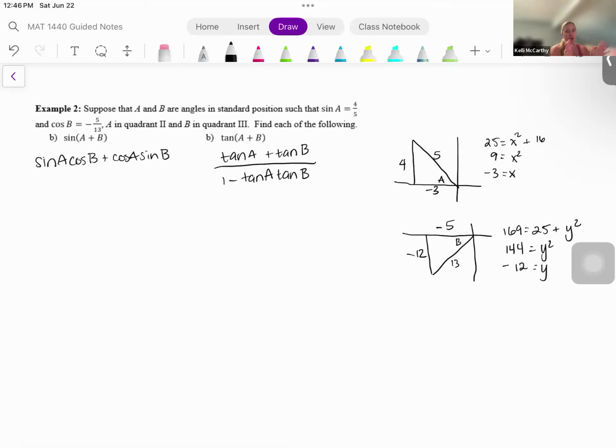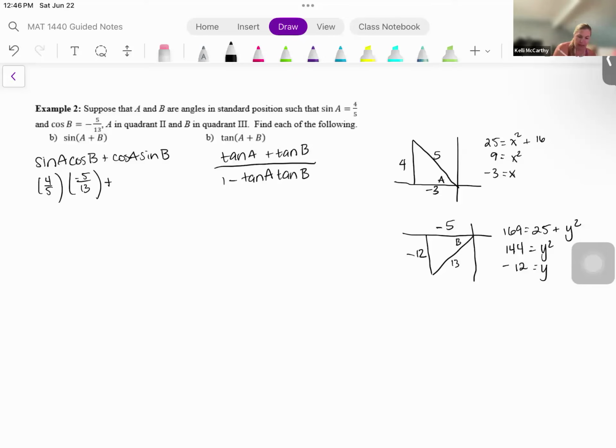So now we have our 2 triangles completed. We can find all 3 of these trig function values for either A or B. So working on this example, sine of A plus B, which I'm just realizing is labeled incorrectly. They're both example B's. That's all right. Sine of angle A, opposite over hypotenuse, this is 4/5. Cosine of angle B is adjacent over hypotenuse, so -5/13.